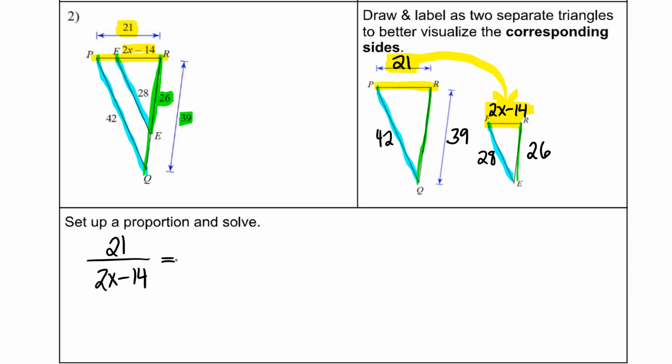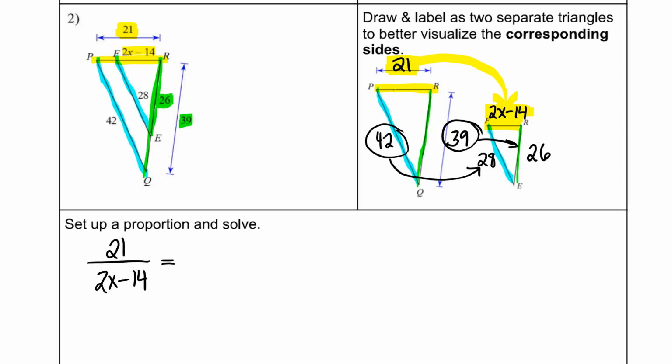That will be equal to, and now you can decide, do you want to use the blue side over the blue or the green over the smaller green? Either ratio will give you the correct answer. I'm going to use the green values this time. So big green value is 39 from the big triangle over the green value from the smaller triangle, the corresponding side length, which is 26.